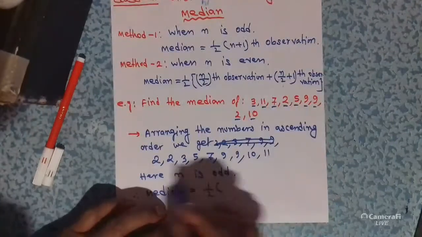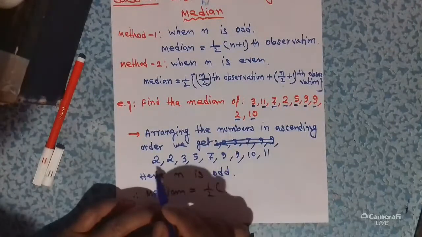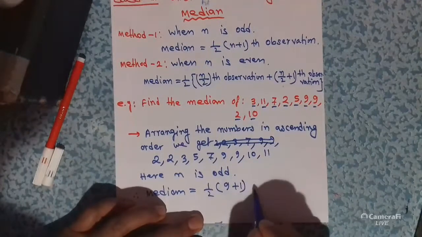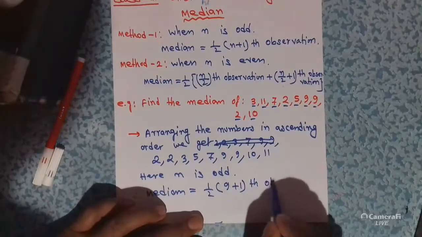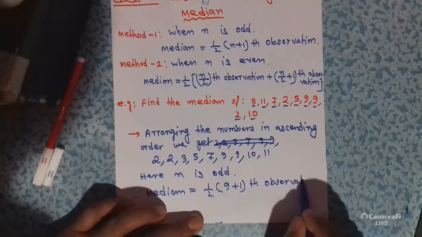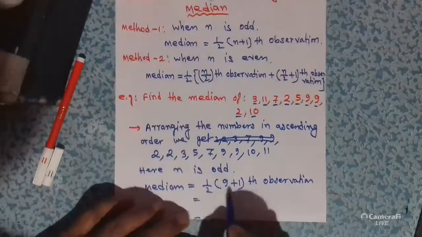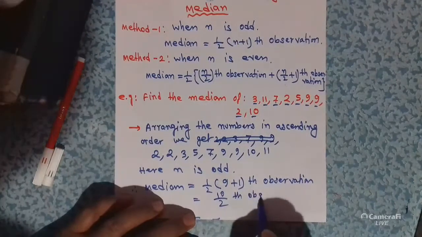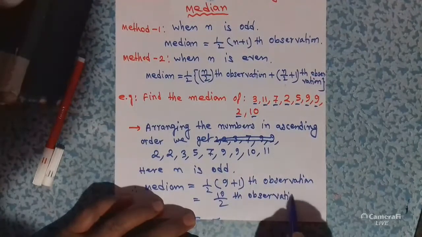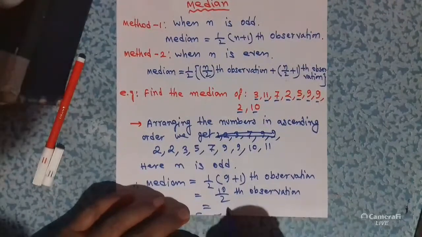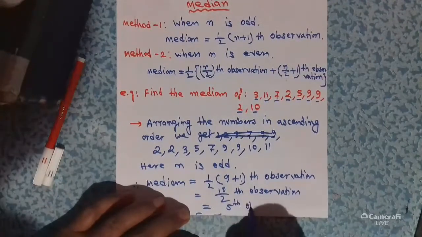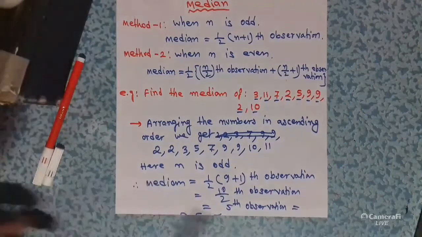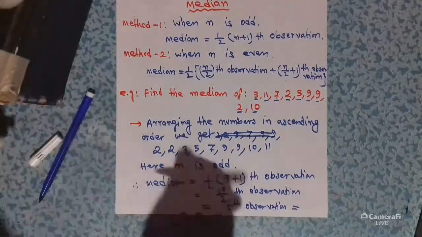Here n means the total number of observations, and the total number of observations is 9. So 9 plus 1 by 2 th observation, which equals 10 by 2, the 5th observation.